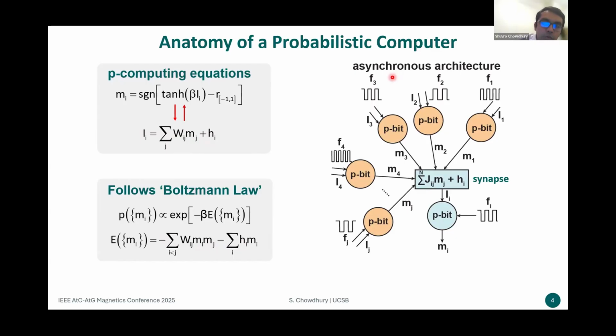Now, our vision is to build a probabilistic computer with an asynchronous architecture where each pbit will update according to its own will, and then the pbit which is computing its response will collect the response from its neighboring pbits, apply this equation, and generate its own response. So it's asynchronous, each pbit is not dependent on any particular clock.